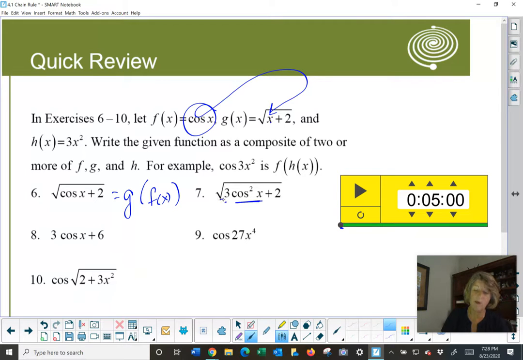Number 7, cosine gets squared, and it has 3 times that. So we need that square root on the outer. That sounds like g of x. I see the plus 2, so that's good. Let's say this is going to be g of 3 f of x squared.